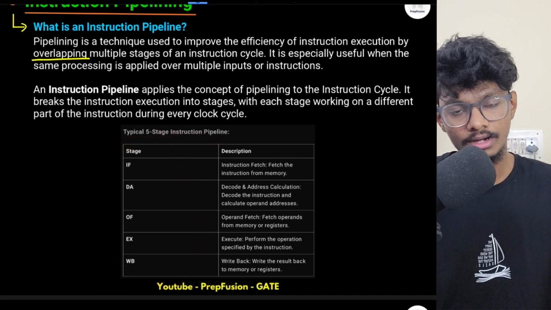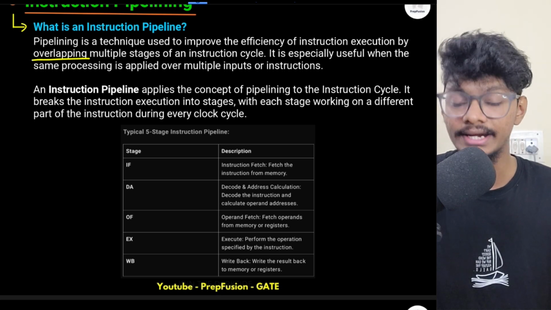So pipeline is a generic concept, right? It can be used anywhere.